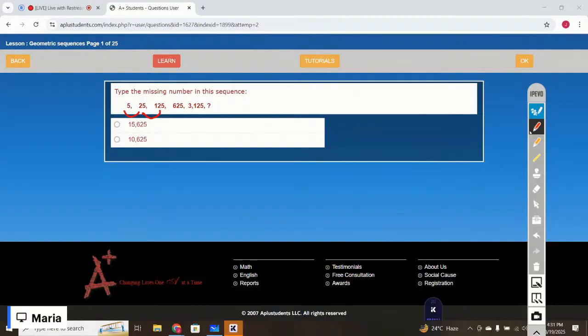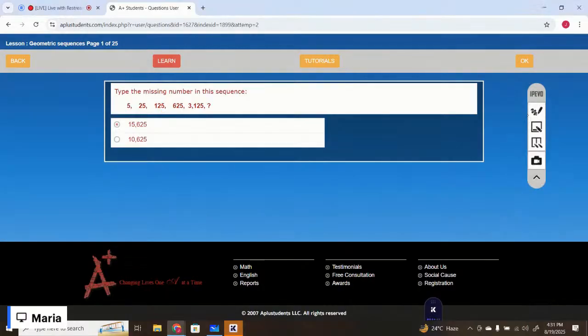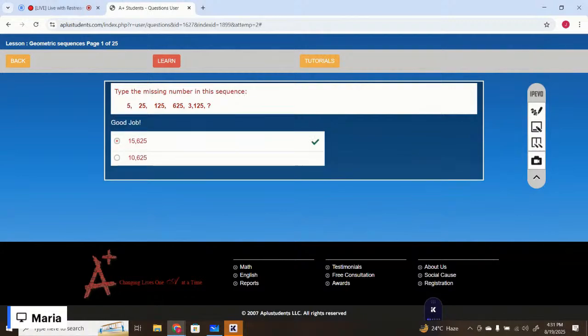So you're multiplying by 5 every time, right? So 3125 times 5 is 15,625. Option number 1 is the correct option.